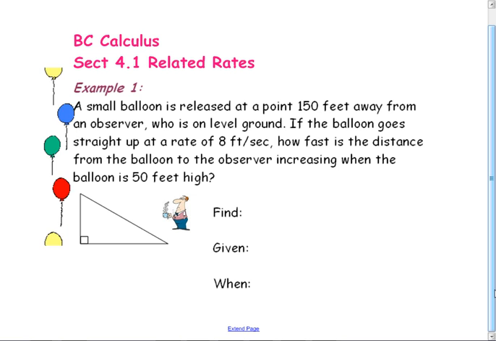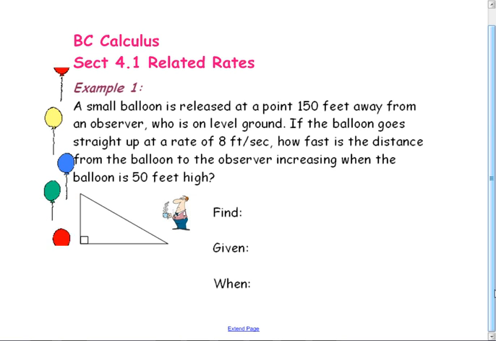We do the find, given, when as an aid to help you. It's not in order, to help you figure out what you're doing there. Yeah, these are all out of order now. And by the way, did everybody get the purple one?